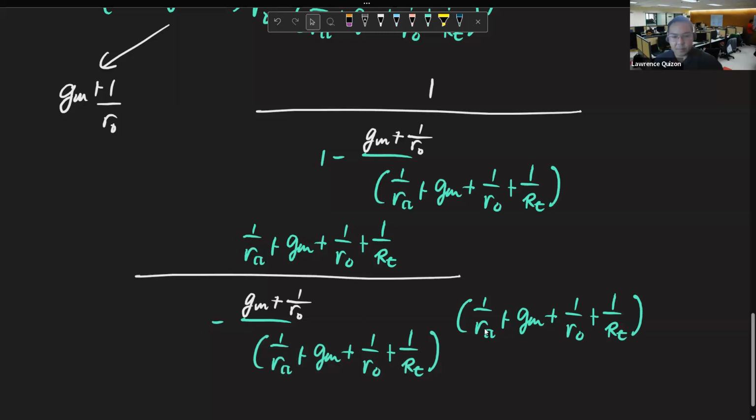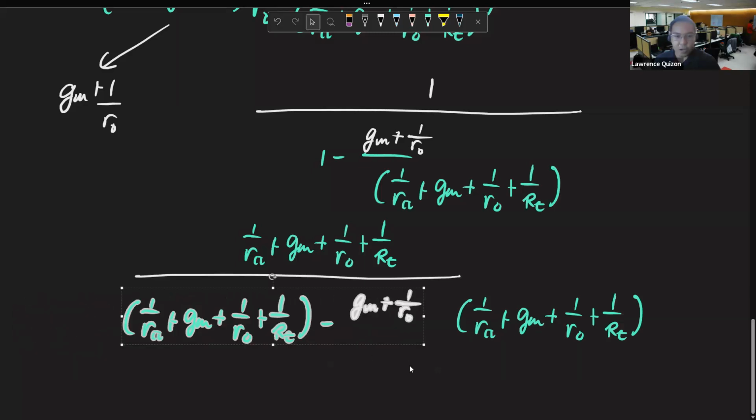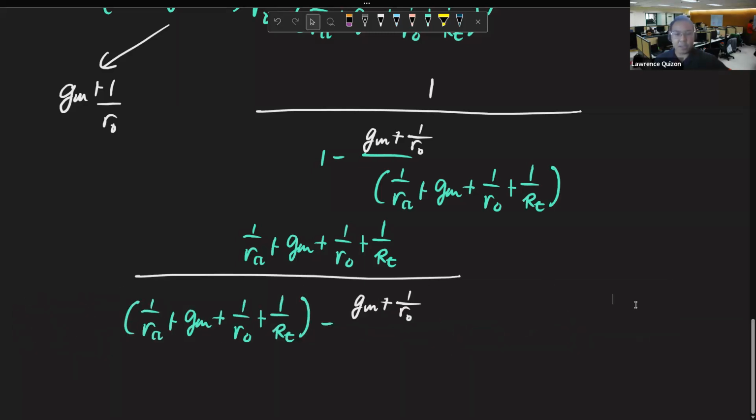And then we promote this to the 1, so replace the 1. And now what we have is this thing minus GM minus 1 over R out.